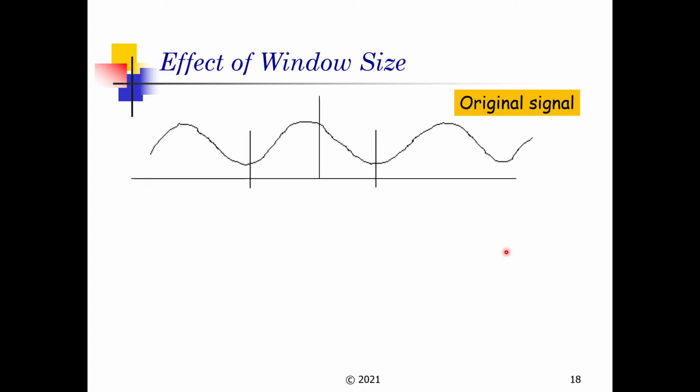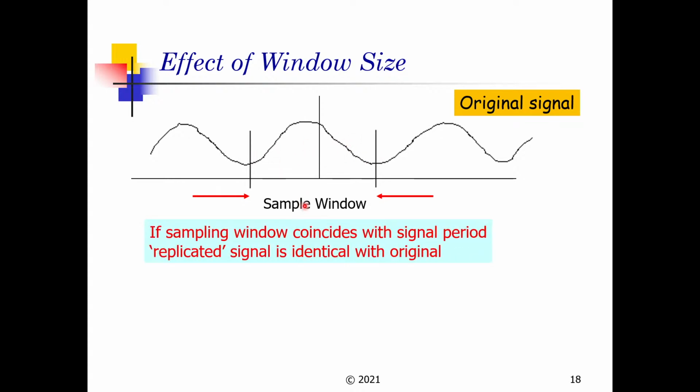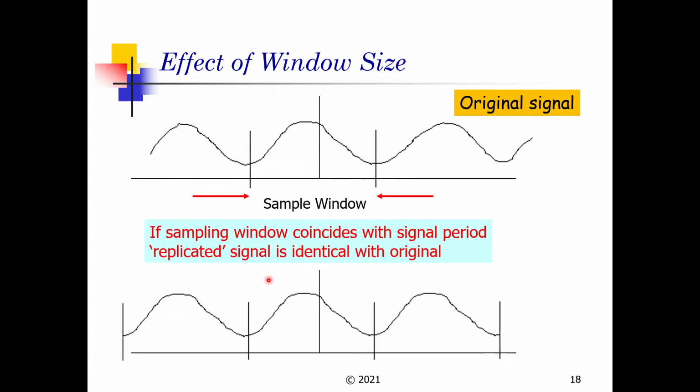So if we have our original signal, and our sampling window happens to coincide with the period of the original signal, that's nice. That means we get a nice replication of the original signal when we try to do the reconstruction from the frequency domain back into the time domain.